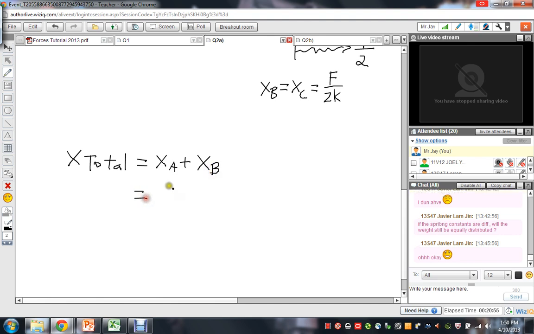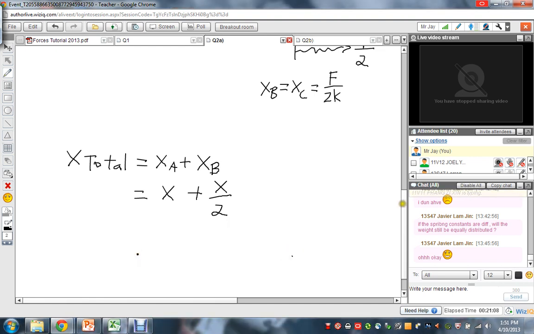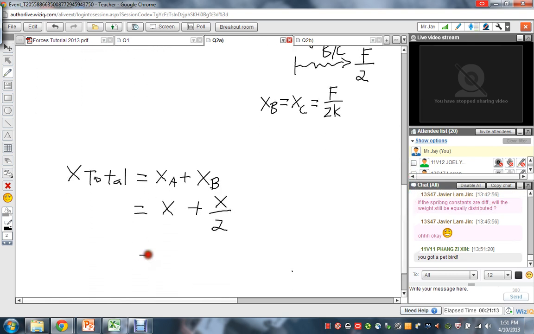So it's X plus X over 2. Or we can use the expression that we have already found. XA is X, right?